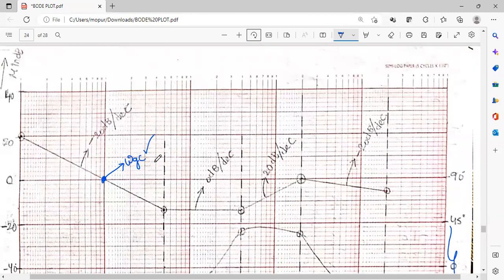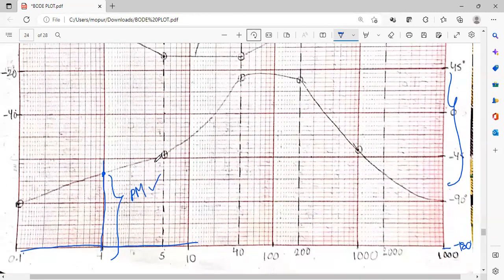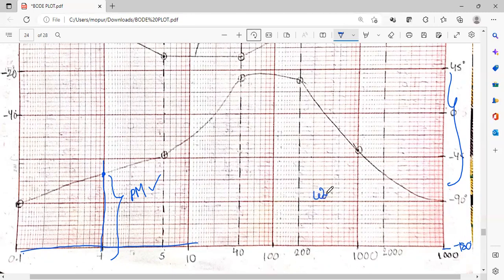Similarly, what is phase crossover frequency? The frequency at which the phase angle plot coincides with minus 180. But if you see this, the phase angle plot is not at all coinciding with minus 180. So omega PC is equal to infinity. When omega PC is infinity, the corresponding gain margin is also infinity.